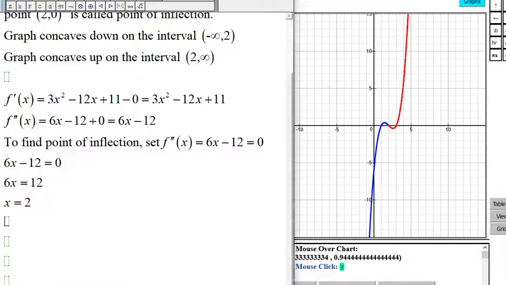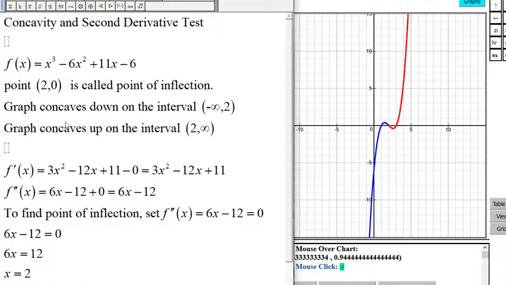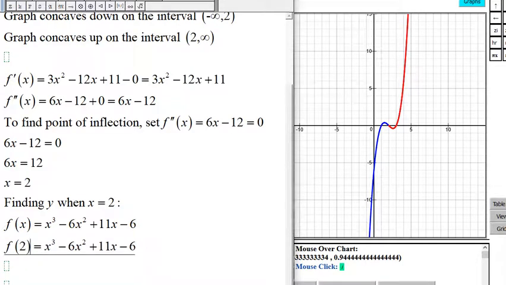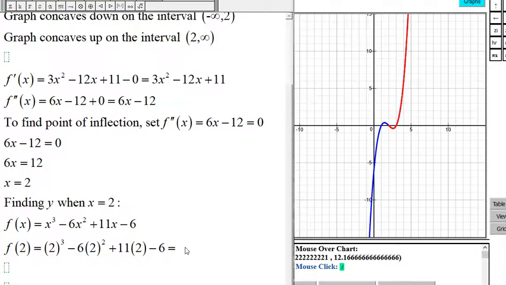Now finding y when x is 2. Go back to the original function, and in the place of x, we have 2. And then simplify, this is equal to 0.